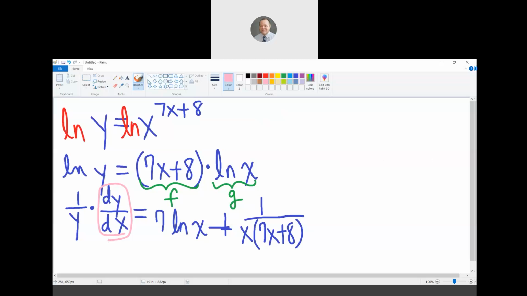Quite simply, to get dy dx by itself, multiply both sides of your derivative by y. On the left-hand side, the y's cancel, leaving us with dy dx. And bring down what's in parentheses.